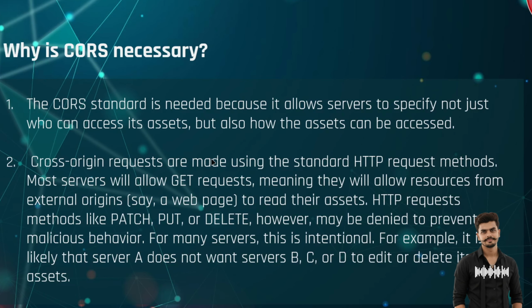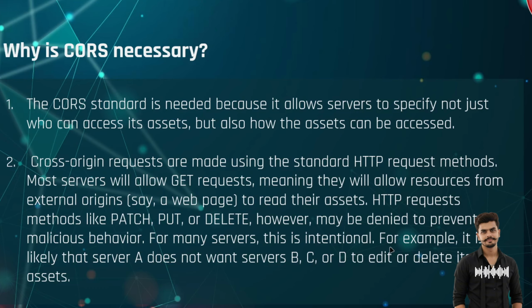Cross-origin resource requests are made using standard HTTP requests. Most servers will allow GET requests, meaning they will allow resources from external origins to read their content. HTTP request methods like PATCH, PUT, or DELETE, however, may be denied to prevent malicious behavior. For many servers, this is intentional.